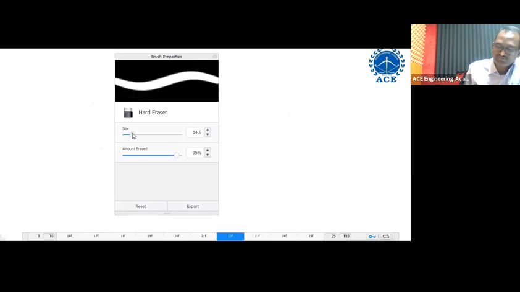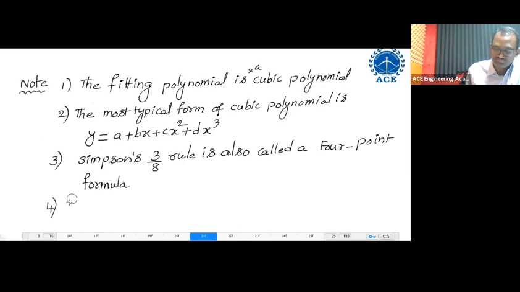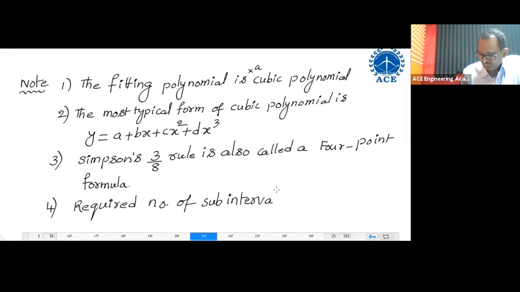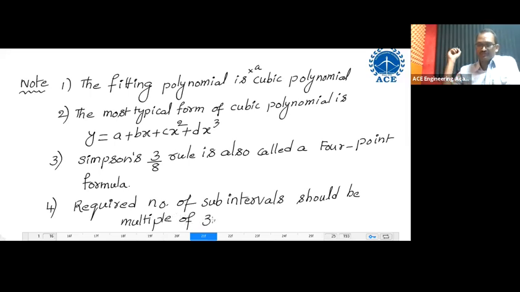That means the required number of subintervals must be a multiple of 3: 3 subintervals, 6 subintervals, 9 subintervals, 12 subintervals, and so on.